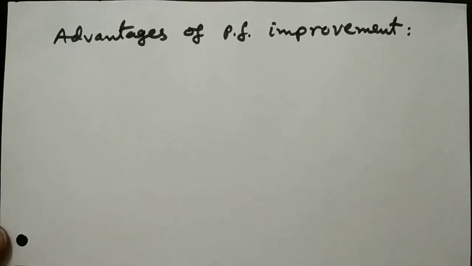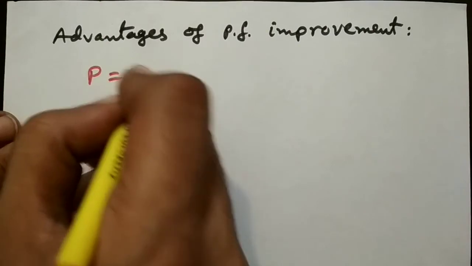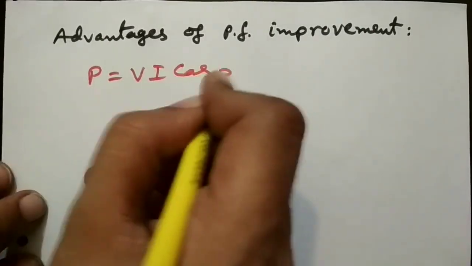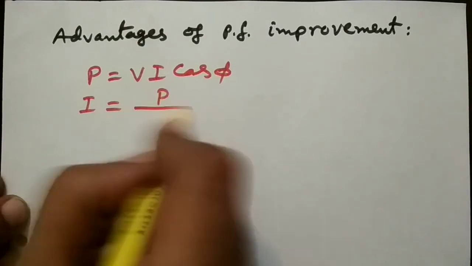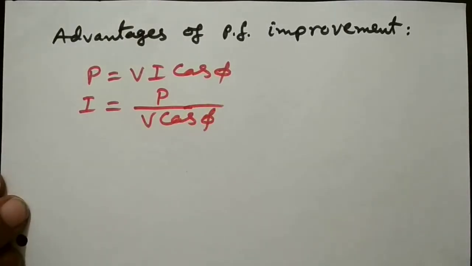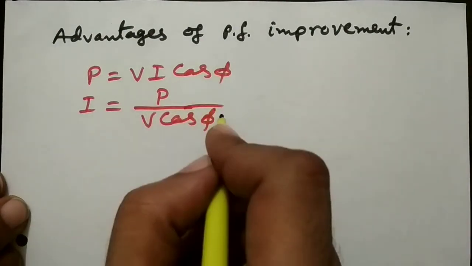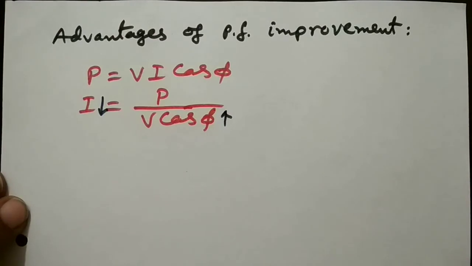Now the advantages of power factor improvement. As we have seen, P is equal to VI cos phi, or I is equal to P upon V cos phi. So definitely if the power factor is improved, then the current will be reduced.